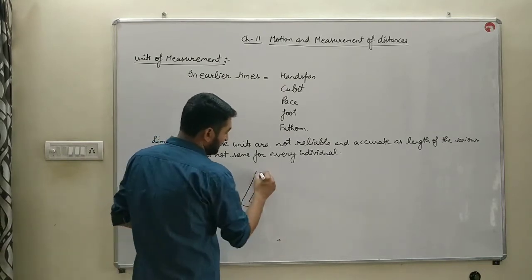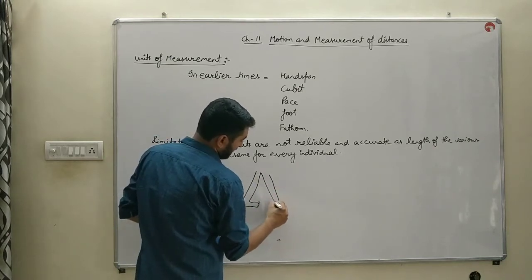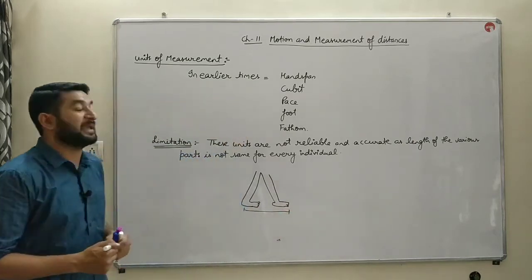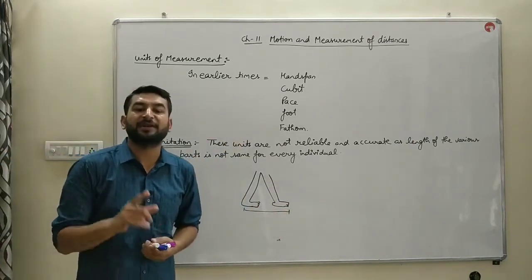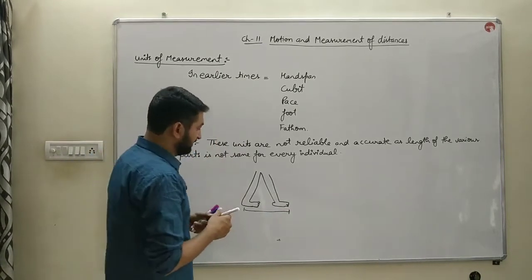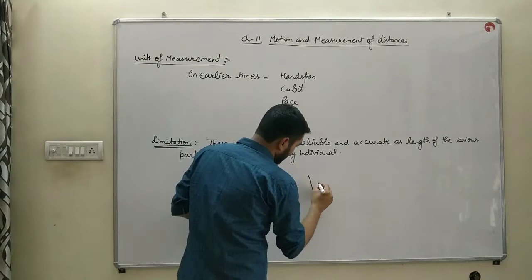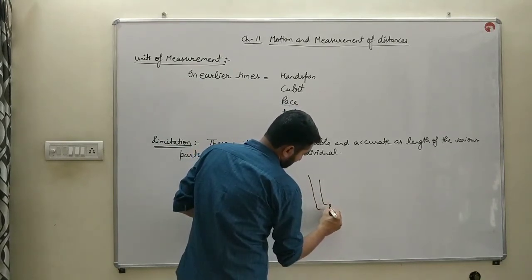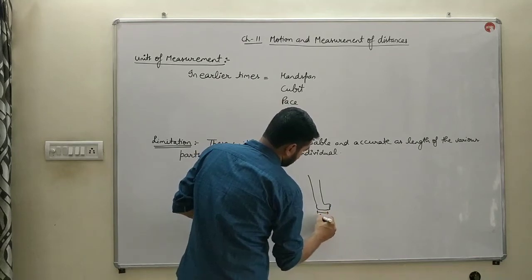Suppose this is 1 foot and this one is the other one. The length between these two is known as 1 pace. That is referred as 1 pace. Next is foot. The length of a single foot is known as foot.